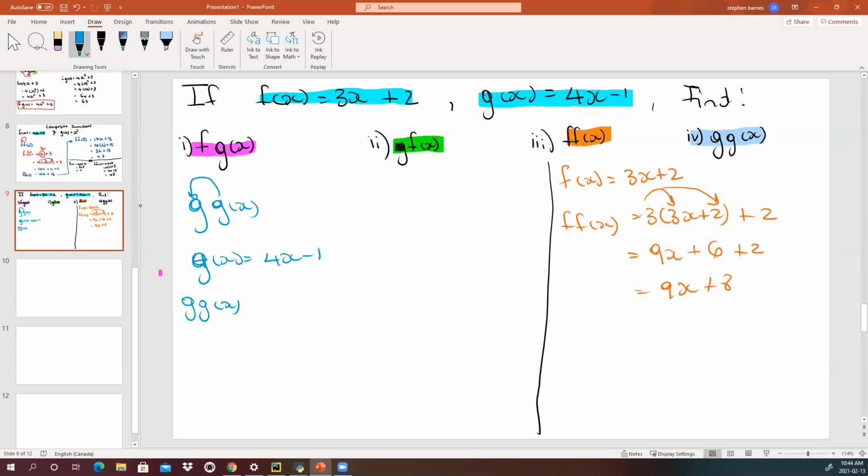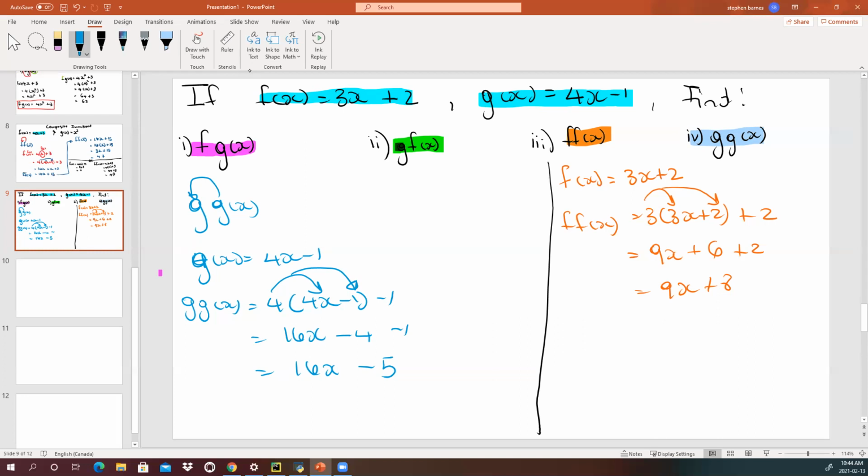So anywhere you see x, you replace it with the g function, which is 4x minus 1. 4 fours, 16x. 4 times negative 1 is negative 4, minus 1. 16x minus 5. 16x minus 5. Right? So that is just some practice on doing the composite function.